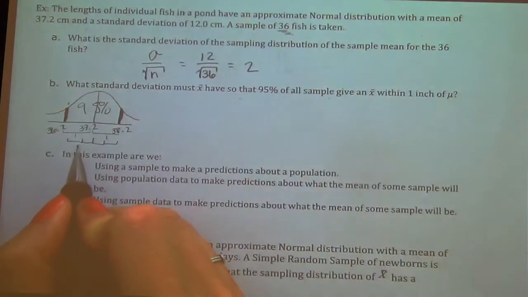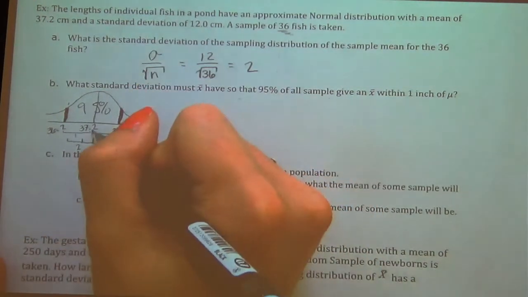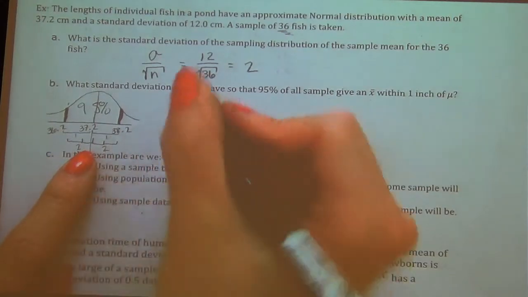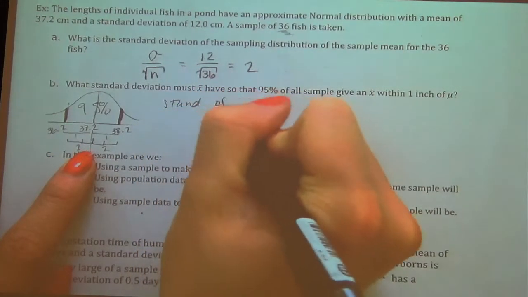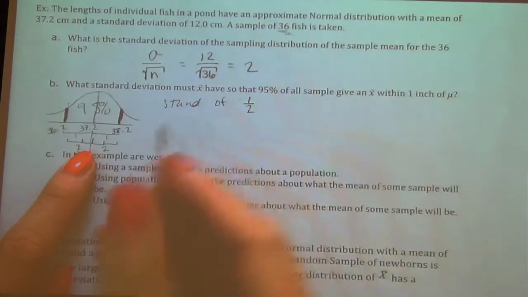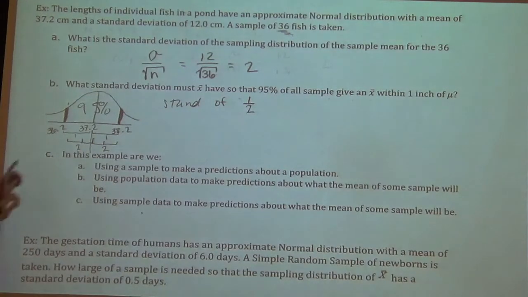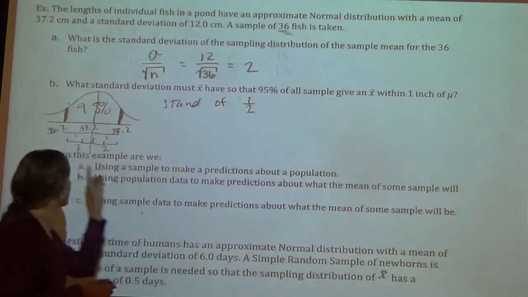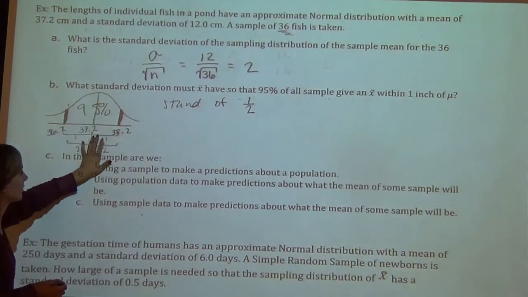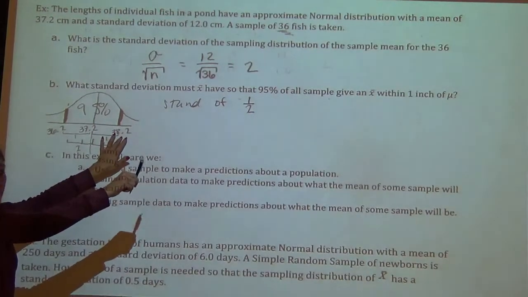Okay, so if this is 2 whole standard deviations and this is 2 whole standard deviations, I know that I have a distance of 1 here. Well, really I'm looking at a standard deviation of 1/2. So to cover this inch, I need my standard deviation to equal 1/2. When I do that, I get 1/2 plus 1/2, and that covers this whole distance of 1 from the population mean.